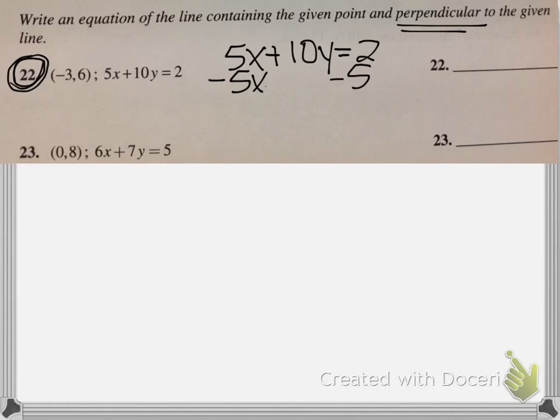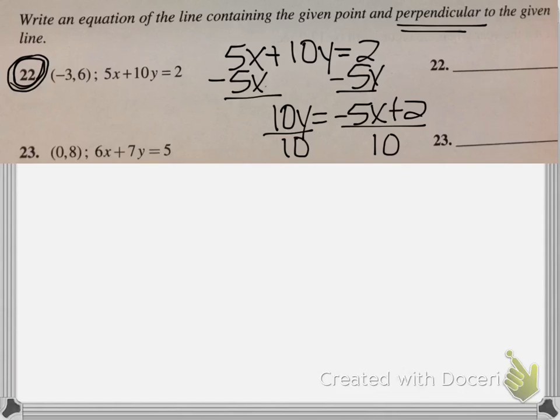So I'm going to put it in slope-intercept form. So 10y equals negative 5x plus 2. Divide everything by 10. That's going to give me y equals negative 5 over 10, which is negative 1/2 x, and 2 over 10 is 1/5. Again, remember, this is not my final answer.